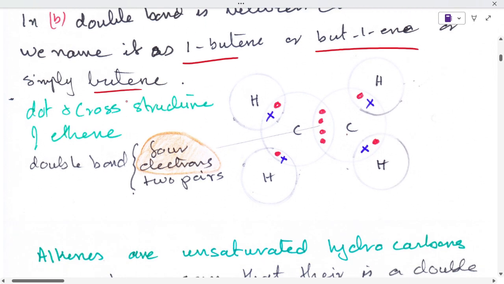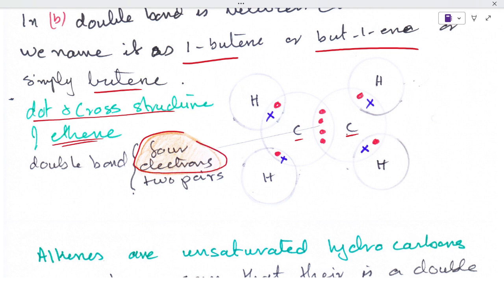The only thing I am going to mention here is, you can see that between 2 carbon atoms I have 4 electrons or 2 pairs. One single bond has 2 electrons. So 2 bonds, that is the double bond, will have 2 pairs, or 2 electrons in each bond.